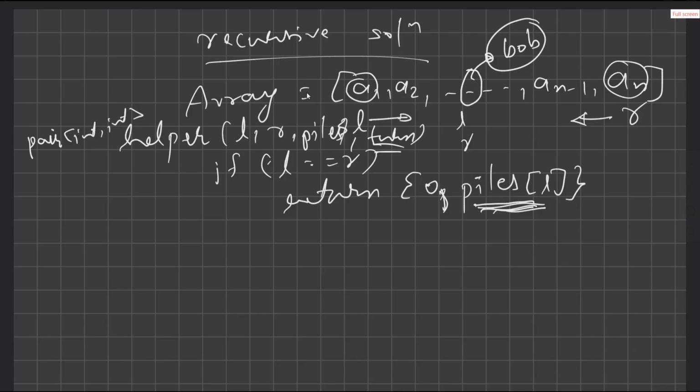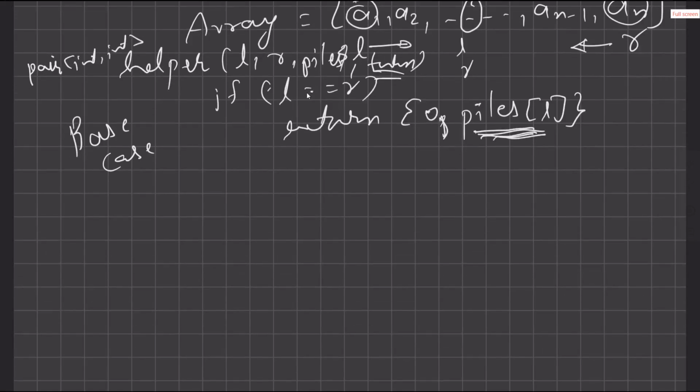Since there the length of the array was not even, it could be even, it could be odd, but here it is even, so definitely at the end Bob's turn will be there. So this is the base case, and let's write the recursive steps.